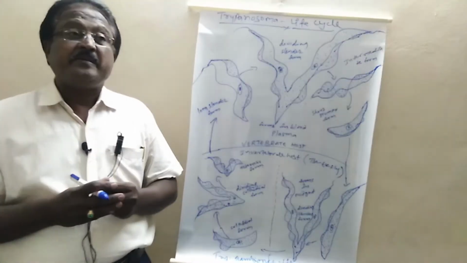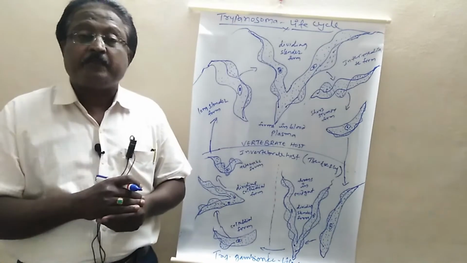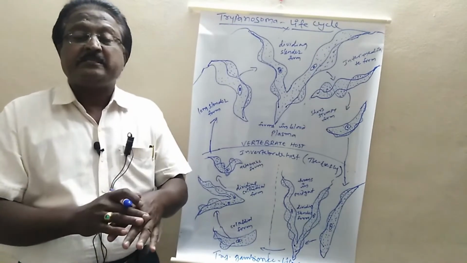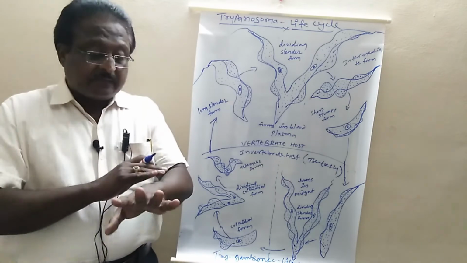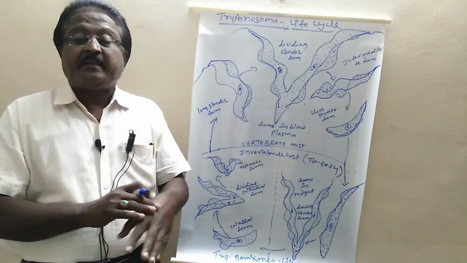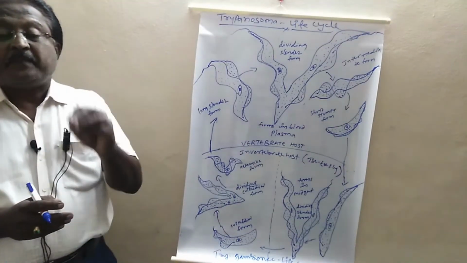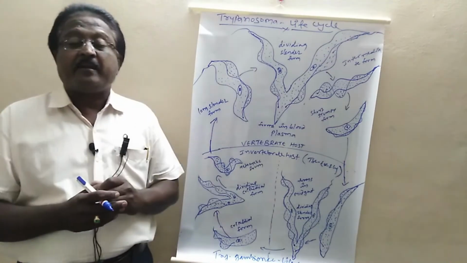When it bites a person, first it applies saliva on the surface of the skin, and then it bites and introduces the trypanosomas into the blood.